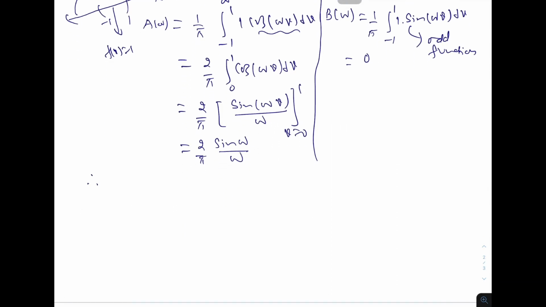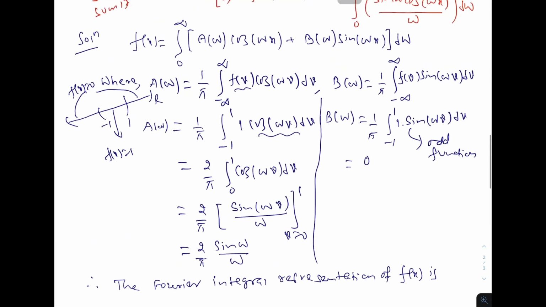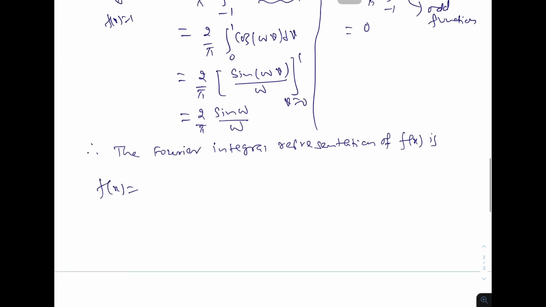So what is the Fourier integral representation? Therefore the Fourier integral representation of f(x) is equal to, now this one, integration 0 to infinity of A(omega) cos omega x plus B(omega) sin omega x d omega.